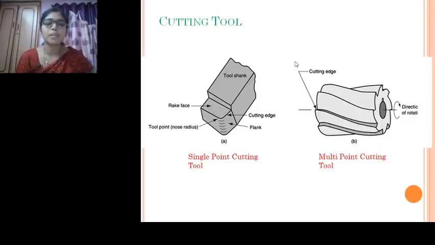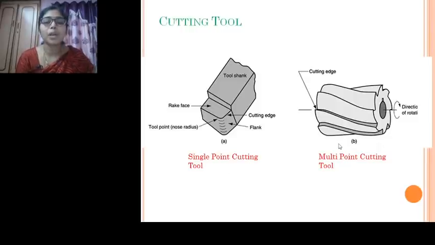As we have discussed, in the first process there are single point cutting tools and multi-point cutting tools. How do we define a single point cutting tool? We define it based on how many cutting edges it has. If it has a single cutting edge which participates in the material removal process, then we call this tool a single point cutting tool.